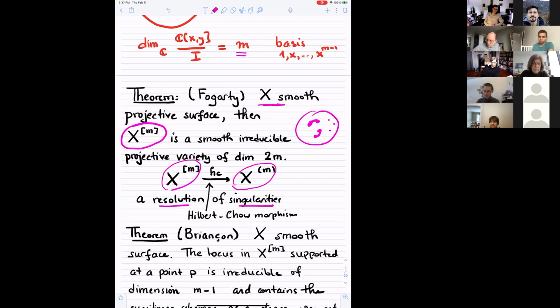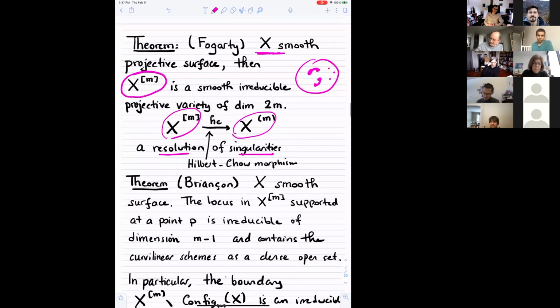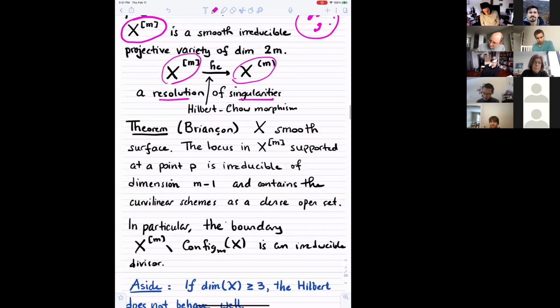All you need to know is that this Hilbert scheme, when the dimension is 2, is really, really nice. And it gives you this Hilbert scheme as some smooth manifold of dimension 2m.